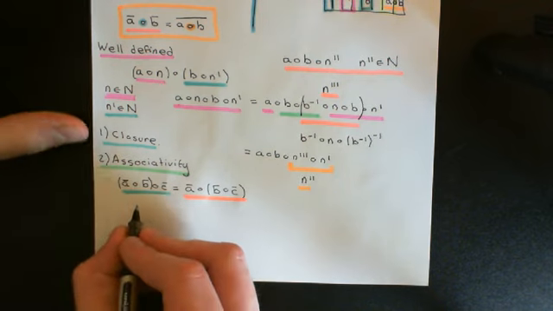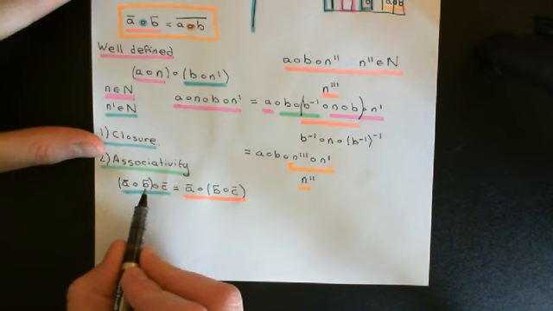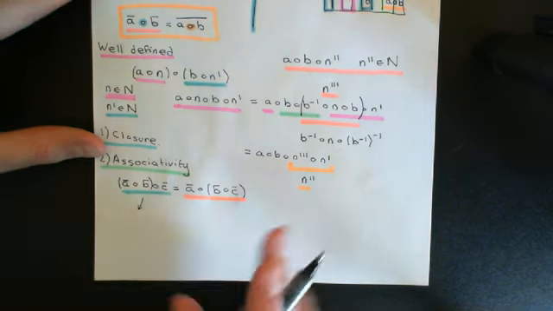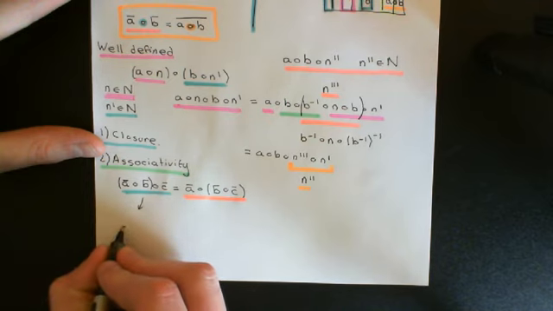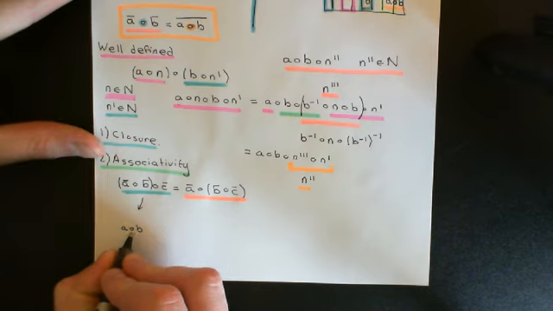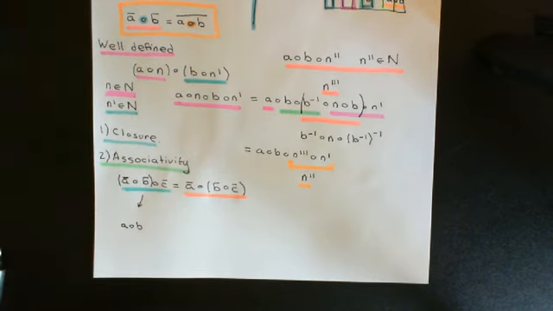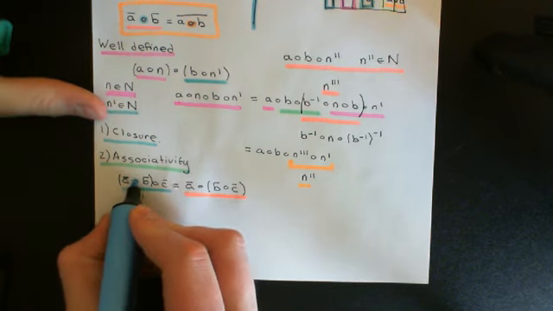Okay, so let's think about the left-hand side here. So if we're going to compose A bar with B bar, what is that actually equal to? Well, just by definition, we know exactly what that's equal to. That's going to be little a composed with little b, where this composition is composition in our original group. And you know what? I think I might actually color code compositions.